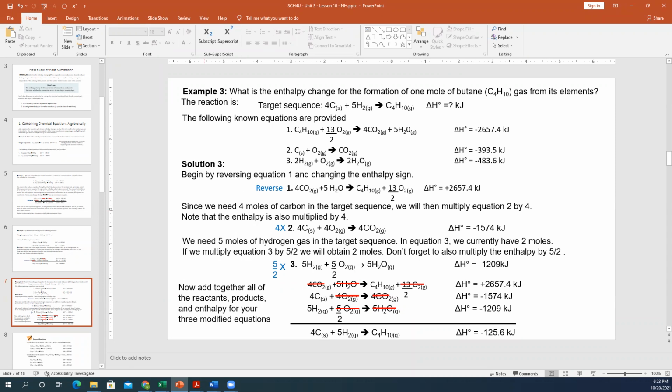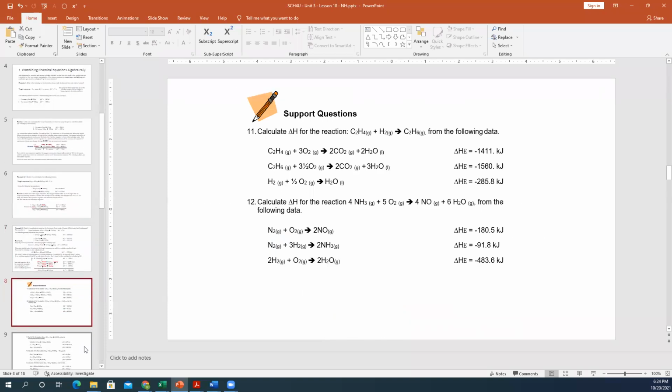And you will have plenty of opportunities to practice with these questions because they are present in some support questions that you're given. So here you're given these equations and you're asked to calculate the delta H for this reaction. Same with this one. So here's a couple of chances to practice, and more of these questions are also available in your key questions at the very end of this lesson.